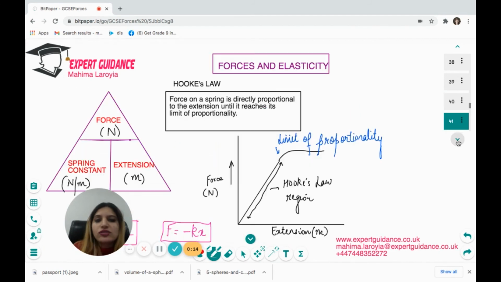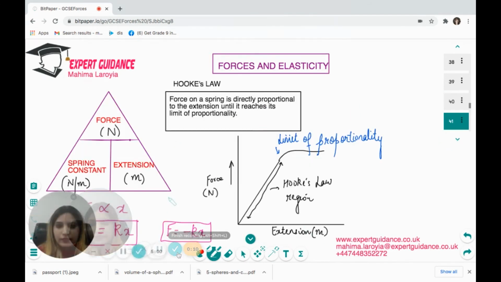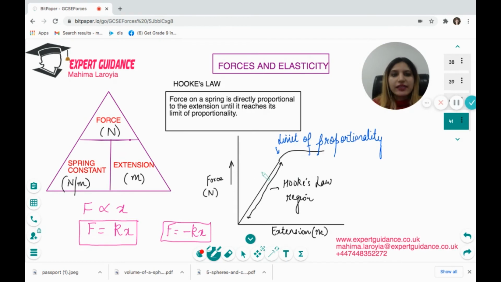Now let us see what is the relationship between force and elasticity. There was a scientist called Hooke, and he gave Hooke's law. He said that when you apply force to a spring or any elastic object, as you keep increasing the force, it will keep extending.